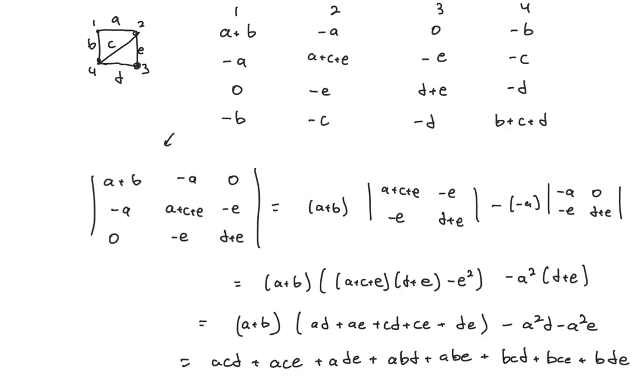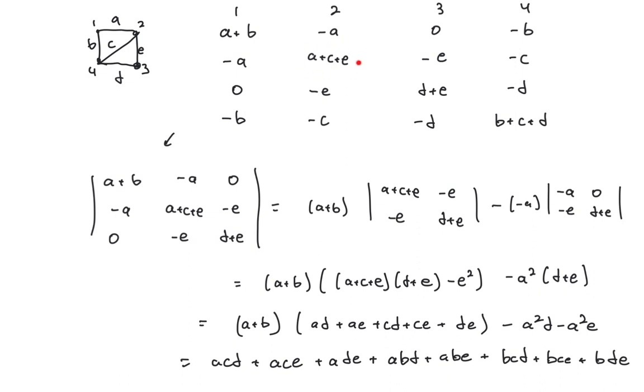Now this matrix tree theorem can be generalized in a way that's actually quite crazy. So suppose you take your graph and you put a variable for each edge, and then you create a generalized Laplacian as follows. For the diagonal entry 1, you add up the variable names on every edge incident to 1, so it's a plus b.